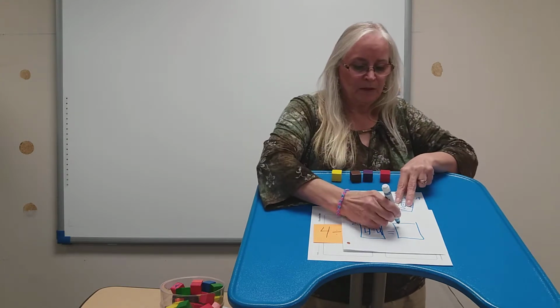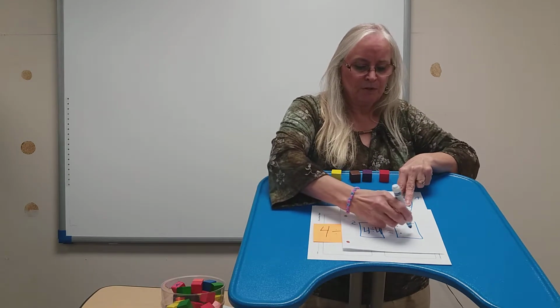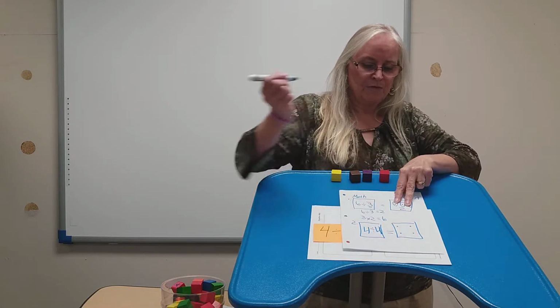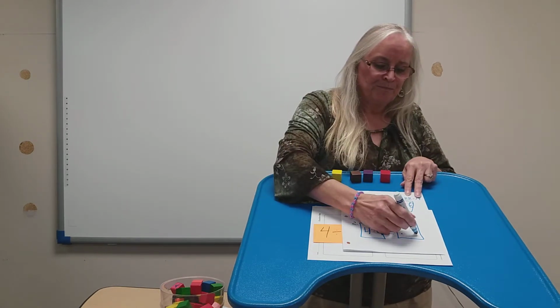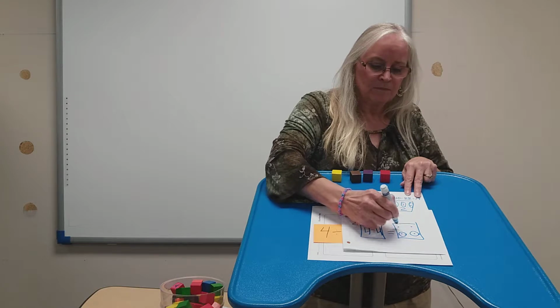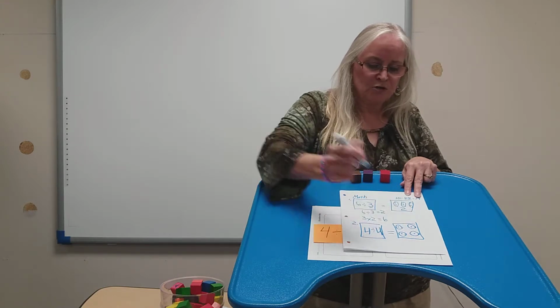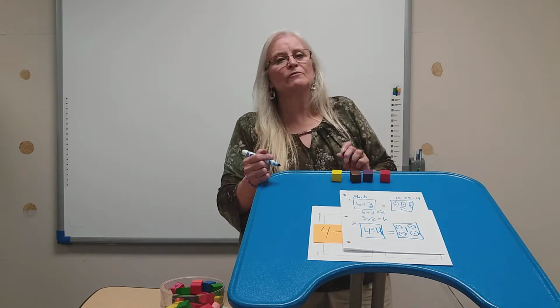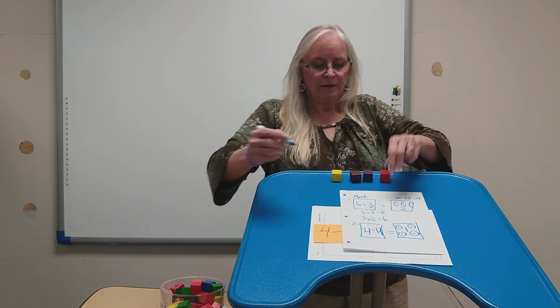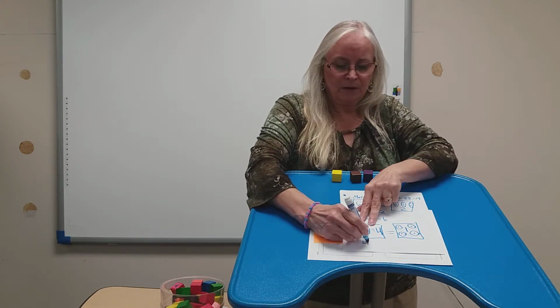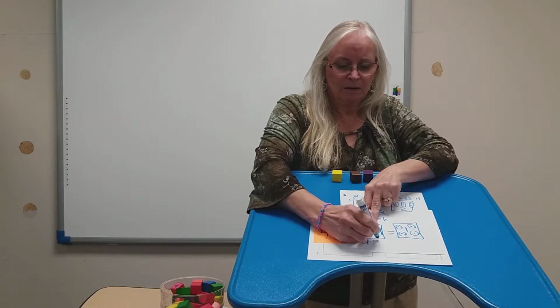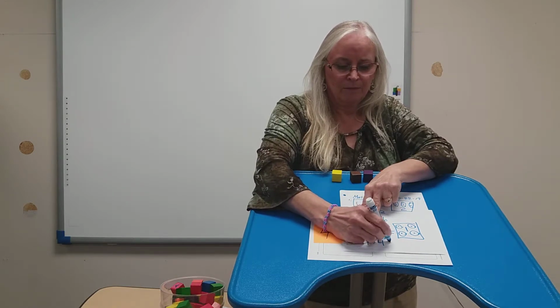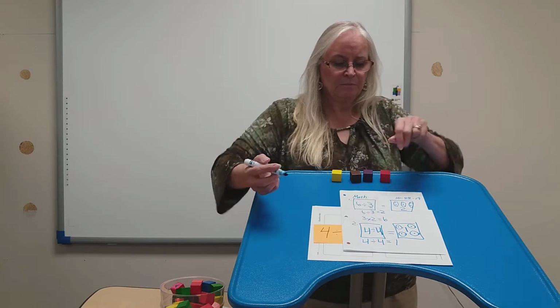Okay, and here are my 4 blocks. I'm going to do it like this, circling each group. I'm going to write that right in the middle. So 4 divided by 4 equals 1, and we're going to write it again right there.